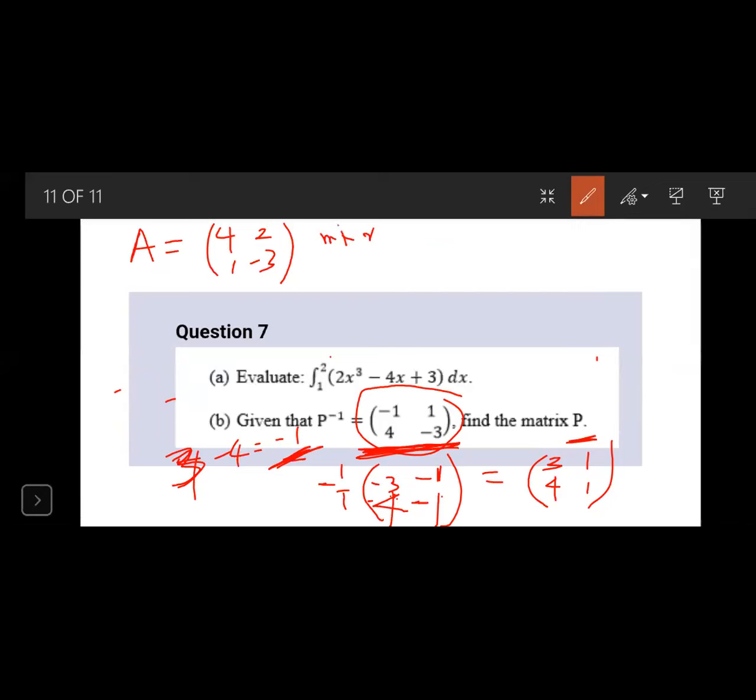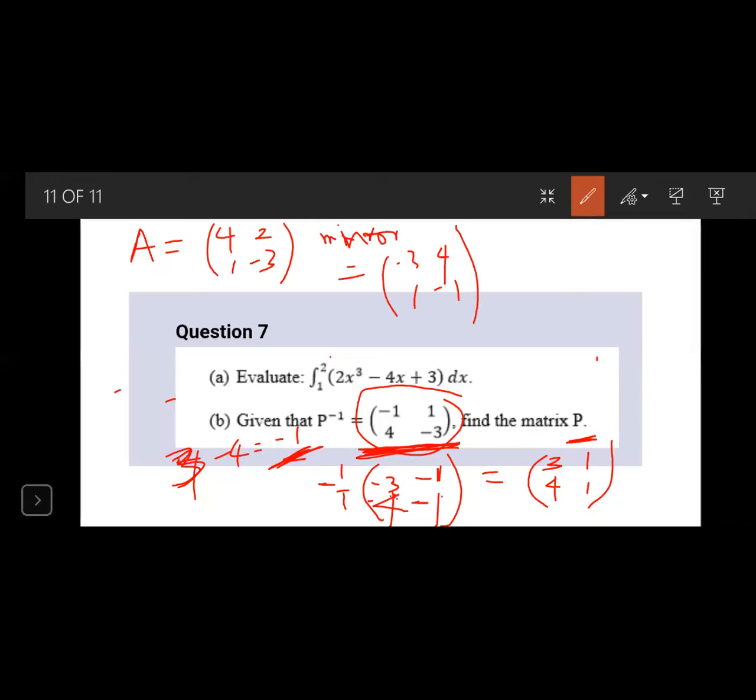How do you get the minor? Cover the row of -1, cover the column, we have -3. Cover the row of 1, cover the column of 1, we have 4. Cover the row of 4, cover the column of 4, we have 1. Cover the row of -3, cover the column of -3, we have -1.